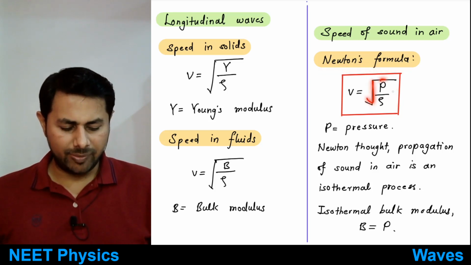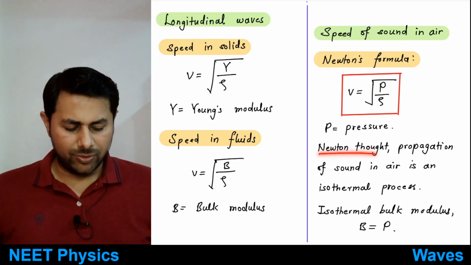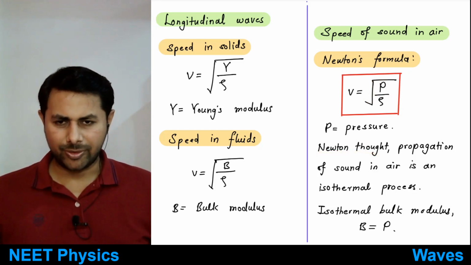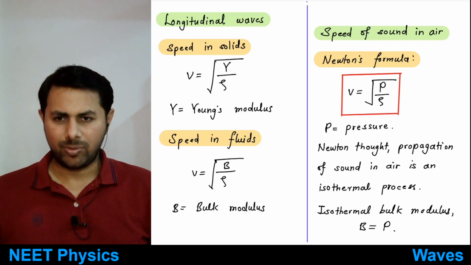So what is Newton's formula for the speed of sound in air? It is square root of p by rho. According to Newton, the propagation of sound through air is an isothermal process. That means there is no change in temperature.